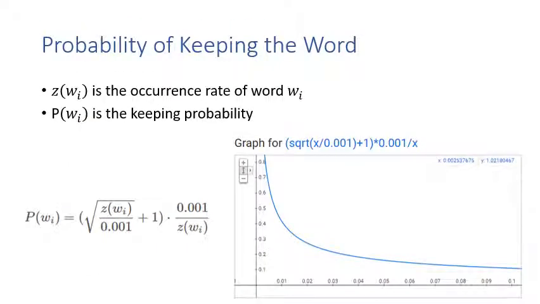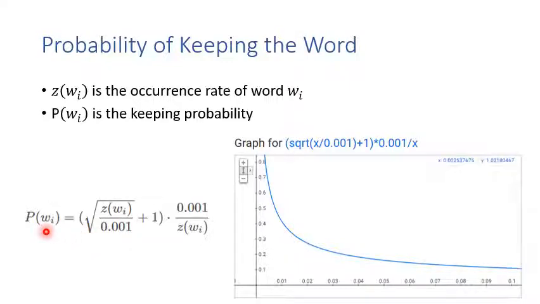The authors of Word2vec have proposed a probability model for selecting the words. Z of Wi is the occurrence rate of word Wi, and P of Wi is the keeping probability. Basically, the more frequent the word, the lower the probability that we will keep it.